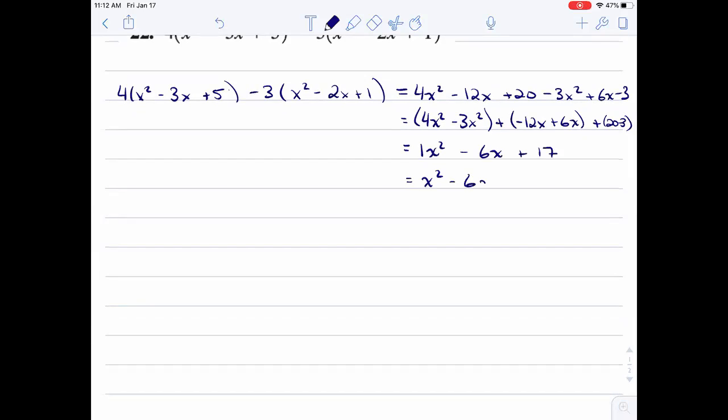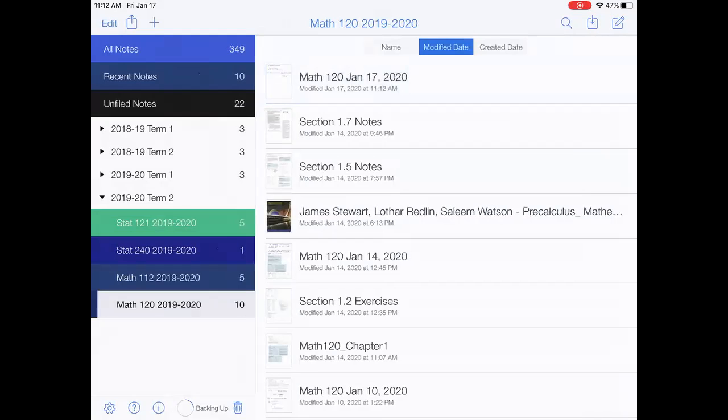X squared minus 6x plus 17. Nice. Okay. So definitely we're able to do all of those. I'll just steal it from here.